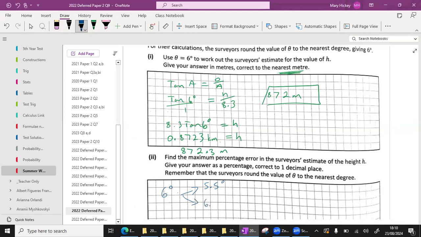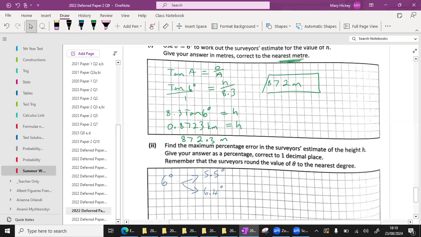What if it was 6.4 degrees? That would have also meant that I would have rounded it back to 6. So there are those two options basically. So if I redo the question using those values instead of the 6 itself, then I should be able to see the difference in the calculations.